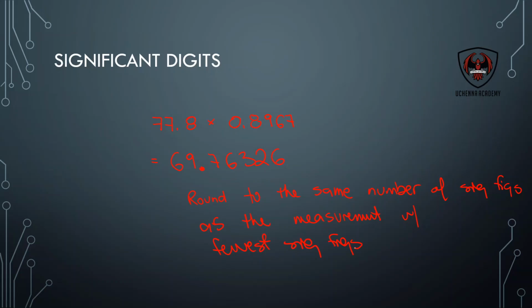So my first measurement in this calculation has 3 significant figures. And this one here, don't say 5, it's got 4 significant figures. We'll talk about it. So we're going to round to 3. That means my 69.76 really becomes 69.8, whatever the unit is.